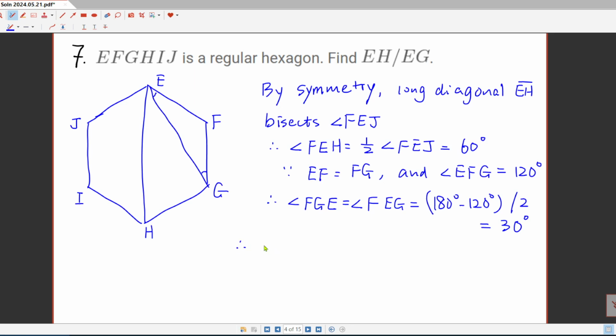And therefore angle GEH equals angle FEH subtracted by angle FEG, which is 30 degrees. This angle is also 30 degrees.